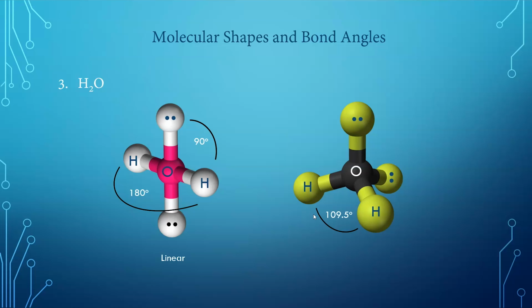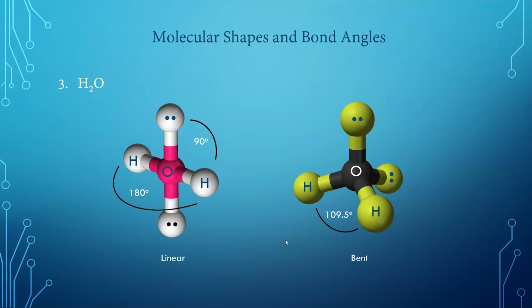In the case of water, it's actually 104.5, so it's close. And to keep things simple in the experiment and on our exams and quizzes, we'll just say 109.5. So anytime a molecule has 4 groups, we'll just use 109.5 because there is no easy way to determine what the angle would be, say, in a water molecule unless you looked it up.